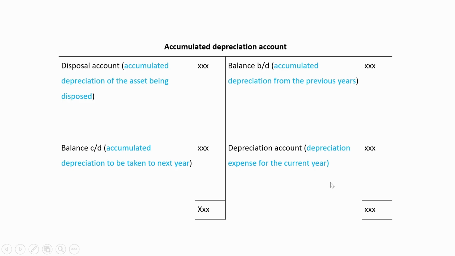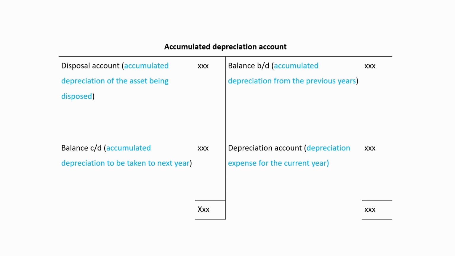So we normally record the increase on the credit side. Increase in depreciation we credit, decrease we debit. Let us start with the credit side. Because this one is a permanent account, it is taken from one year to the other.